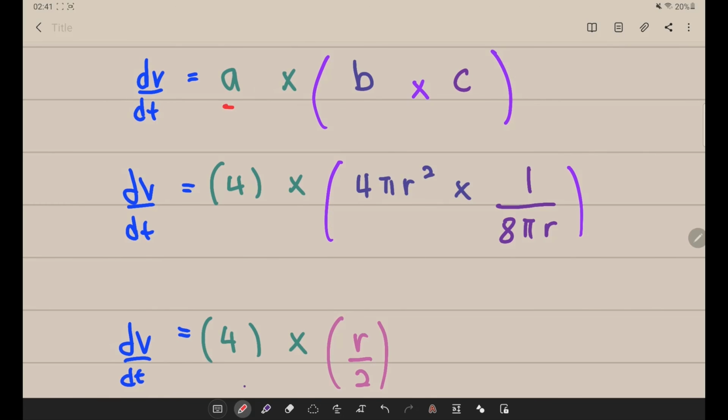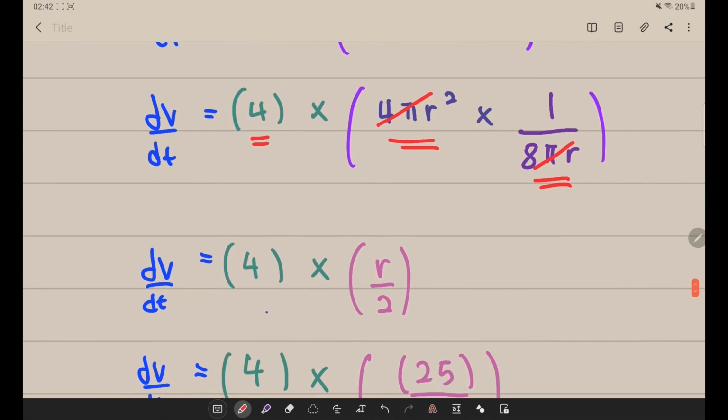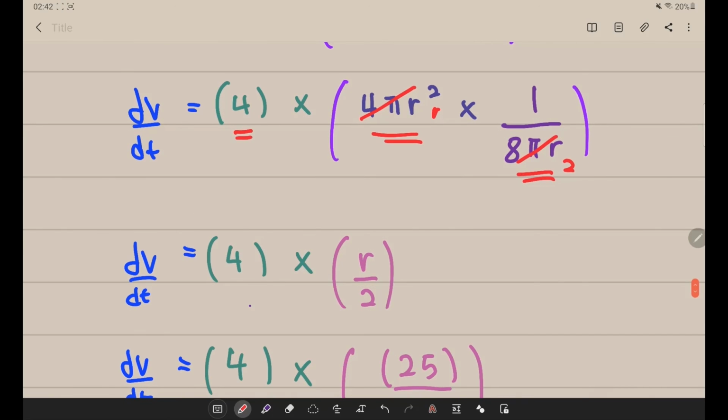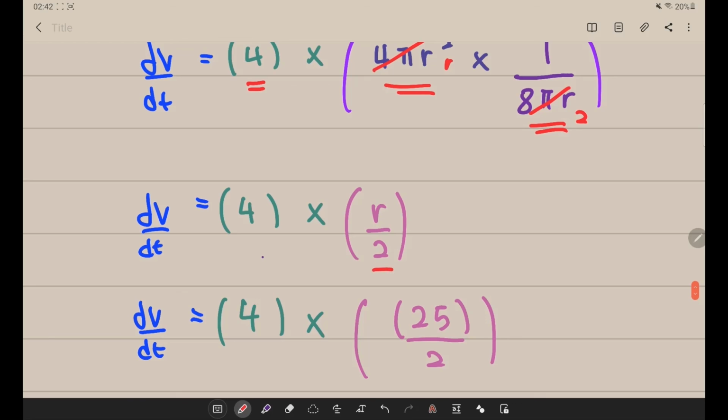Right, so now we have the values of A, B, and C. We substitute them back into the equation. The value for A is 4, for B is 4 pi r squared, and for C is 1 over 8 pi r. We can cross out and simplify this. We get r, and here we get 1 over 2. Therefore, when we multiply, we get r over 2.